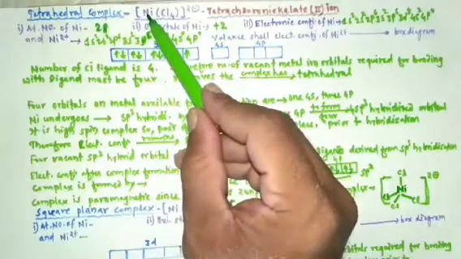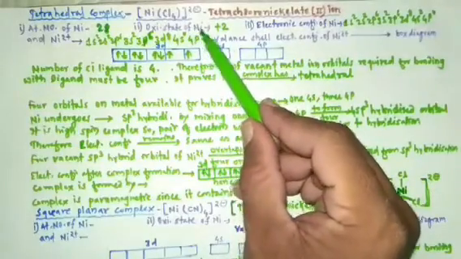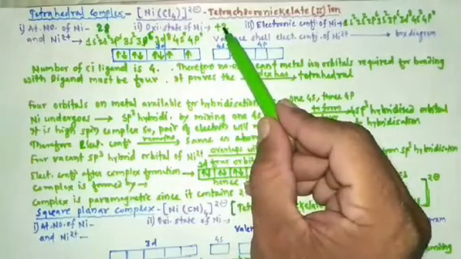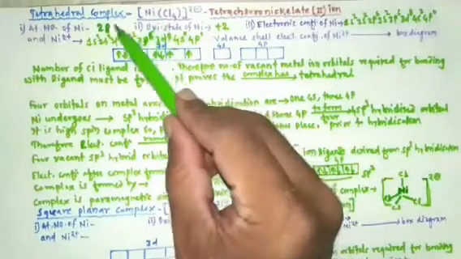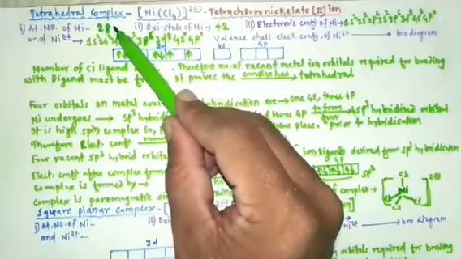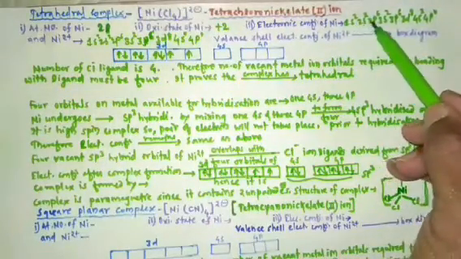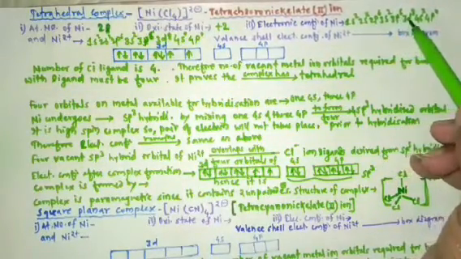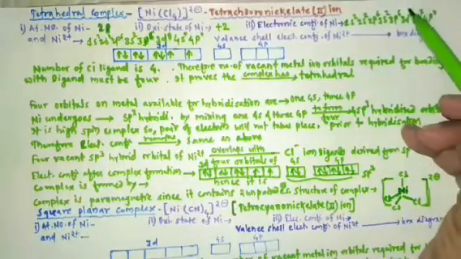On this nickel there is a +2 charge, that means the oxidation state of nickel is +2. Therefore its electronic configuration is 1s2, 2s2, 2p6, 3s2, 3p6, 3d8, 4s2 and 4p0.